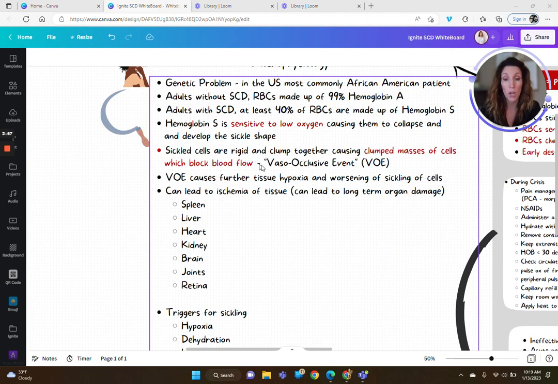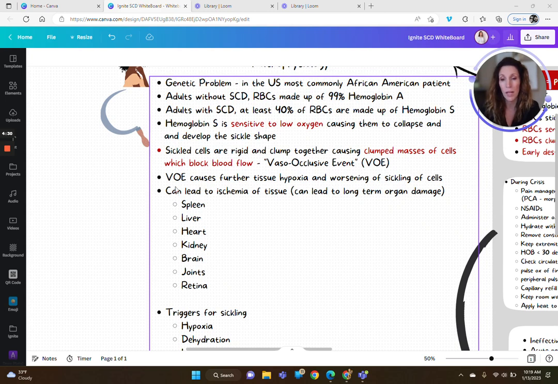And it can cause what is called a vaso-occlusive event, where the vessel is blocked off from blood passing through there like it should, all the elements that pass through the blood vessel. And so this further potentiates hypoxia, which is a trigger for the cells to sickle.